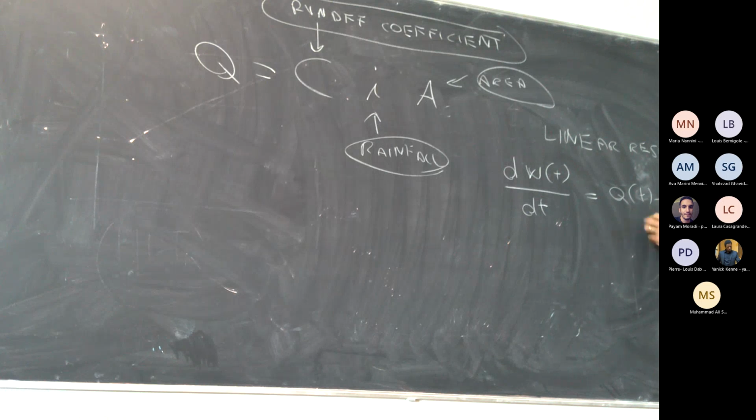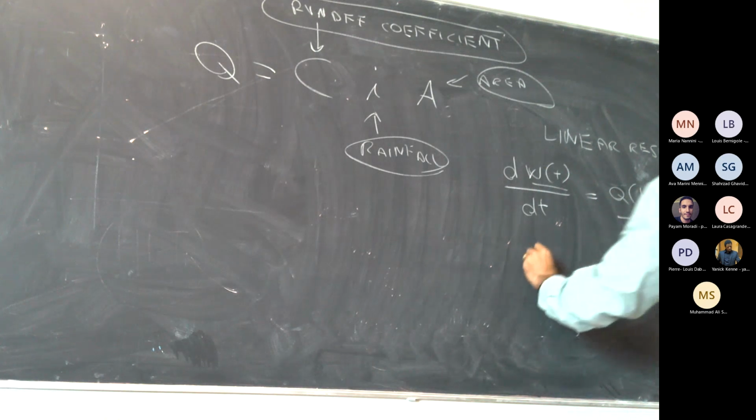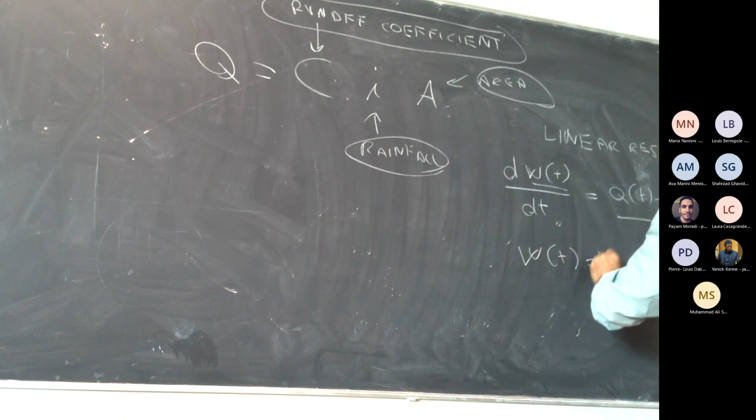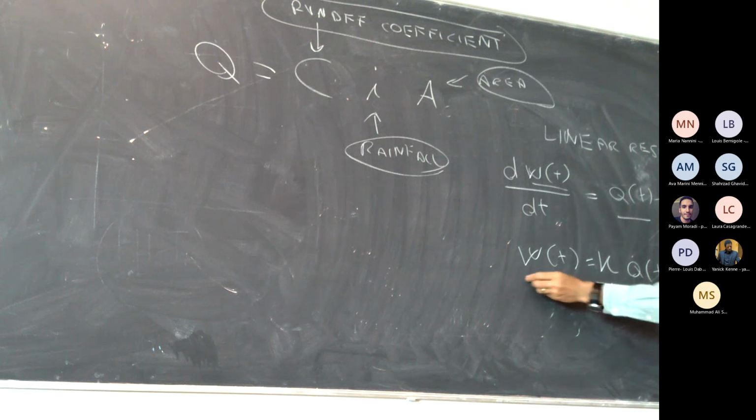So Q is the outflow, clear physical meaning. P is rainfall, clear physical meaning. Wt is storage, clear physical meaning. And then I used another equation, which is Wt equal to K Qt. Okay, so clear physical meaning.